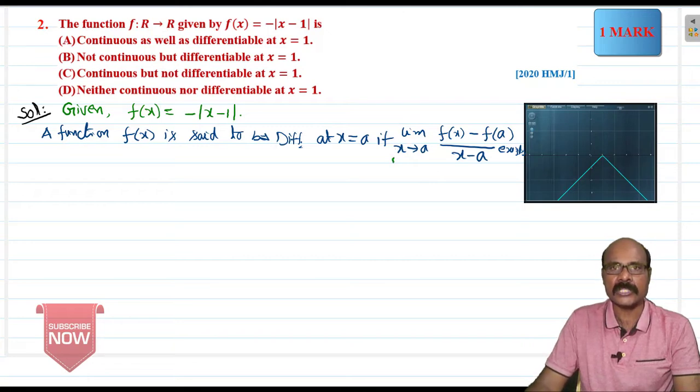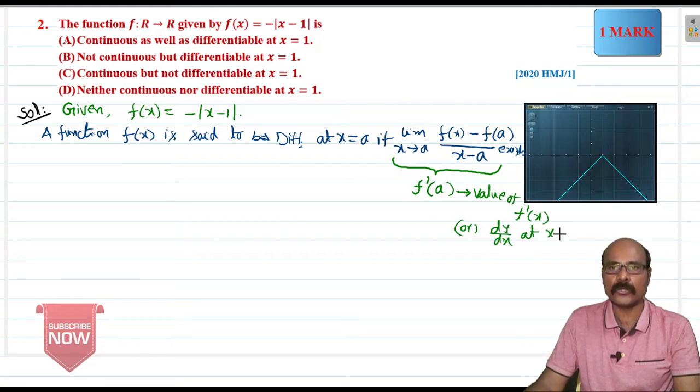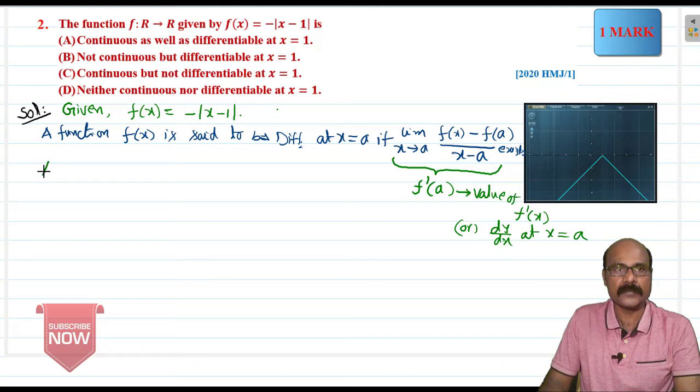Here limit x tends to a, f of x minus f of a by x minus a can be denoted as f dash of a or the value of dy by dx at x equal to a. So this is the definition of differentiability. Now we can check the differentiability at x equal to 1.